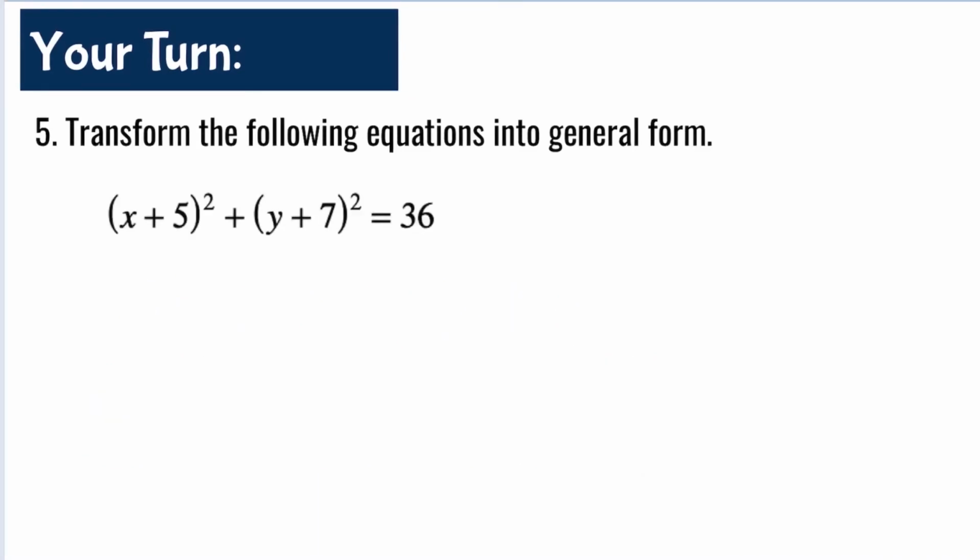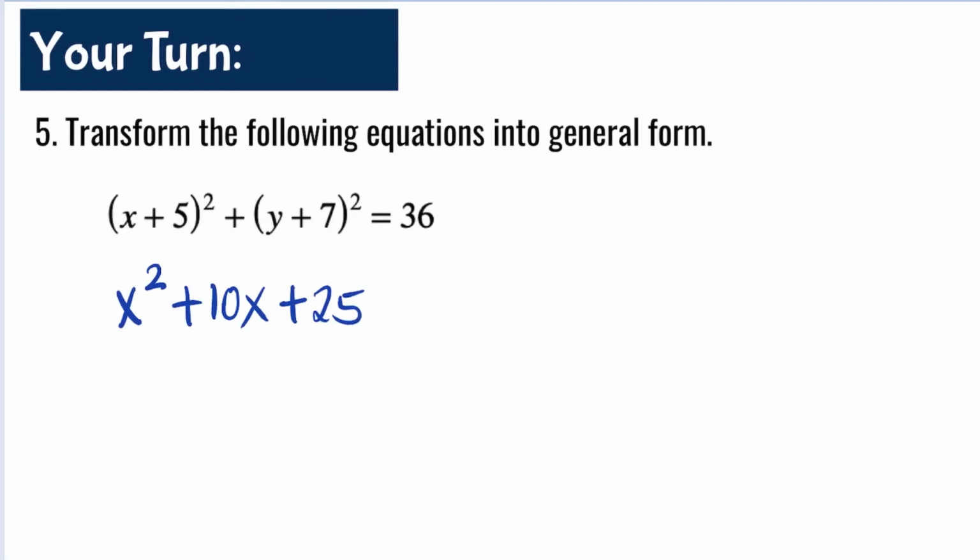Question number 5. (x + 5)² + (y + 7)² = 36. Let's begin squaring the binomial x + 5. Square the first term x, we have x². Multiply x times 5 and then double, we have plus 10x. Square the second term 5, that's 25.